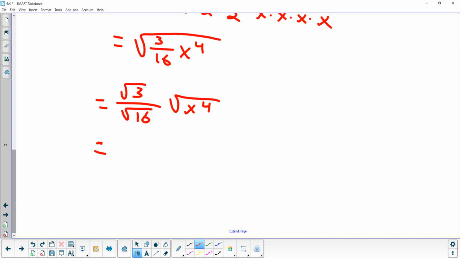Are there two numbers you can multiply to get 3 that are easy to figure out? No, so we're just going to leave that. How about square root of 16? Just 4. And the last one? Are there two things you could multiply together to get x to the fourth? X squared and x squared.